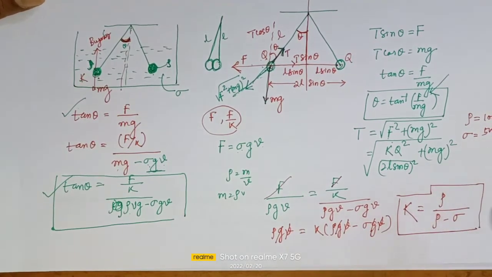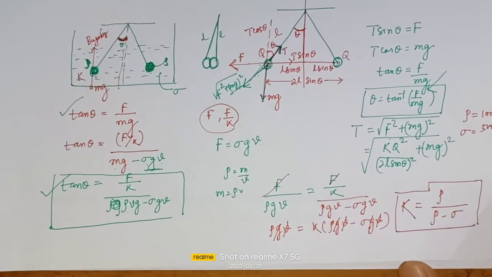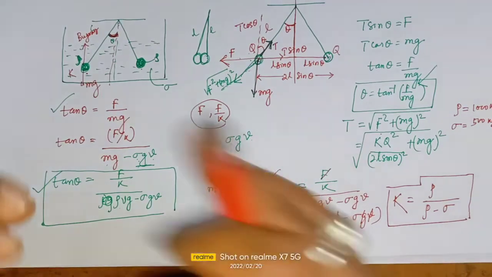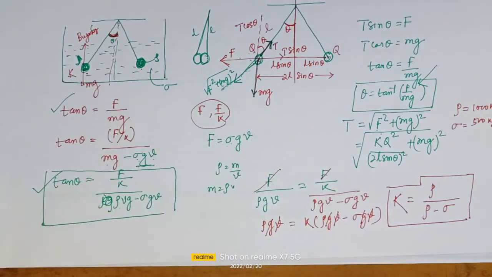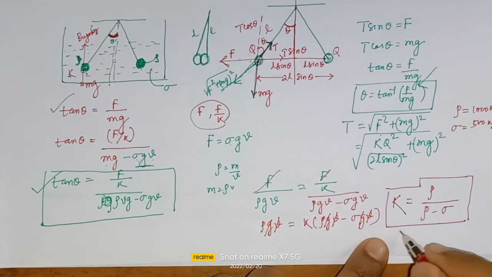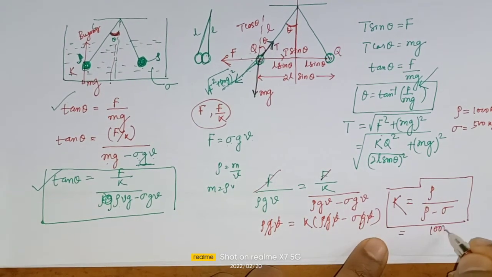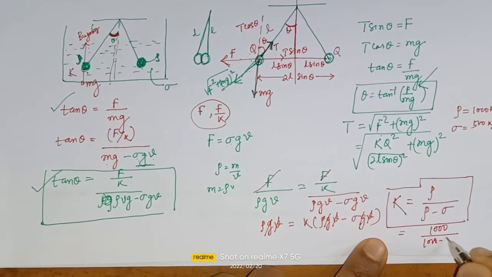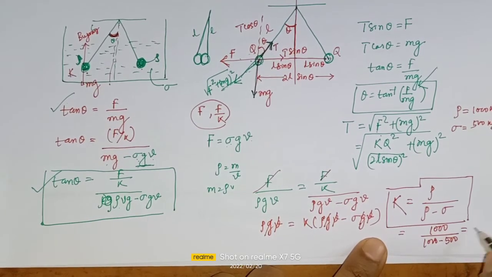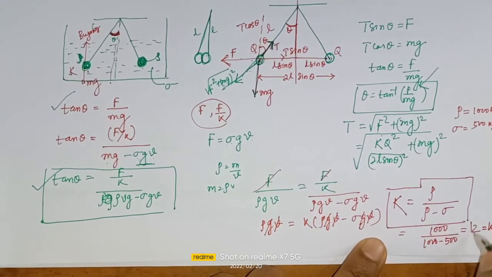The density of the liquid and of the solid bulb is given, and the same setup is dipped in the liquid. They will ask to find the dielectric constant of the medium. If I substitute here, this is 1000, this is 1000 minus 500, I get 2. It is the dielectric constant of the medium.